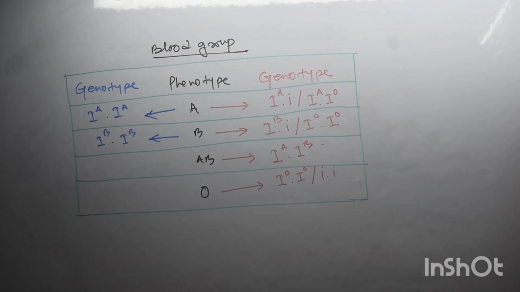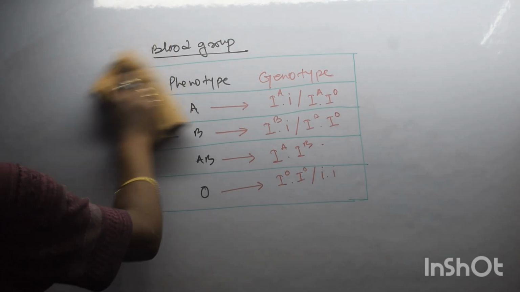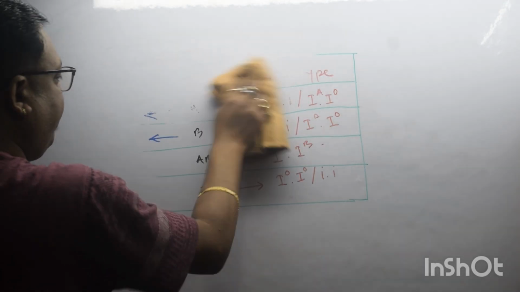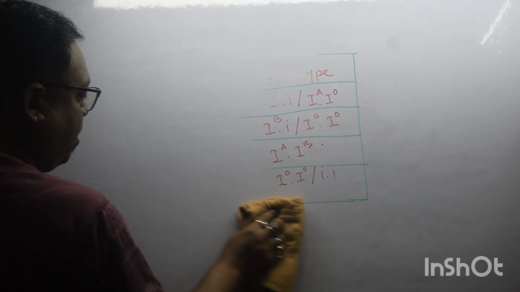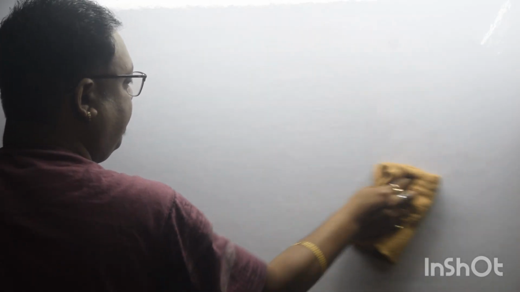Now, in case of blood groups, if they give to identify blood group of progeny from parents, it can be represented this way.